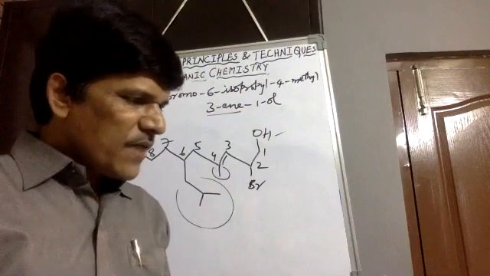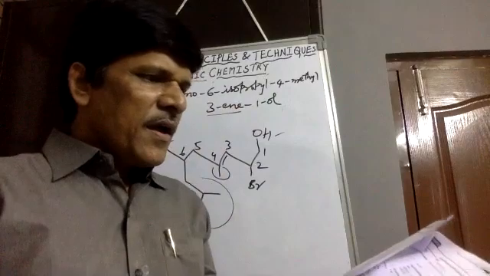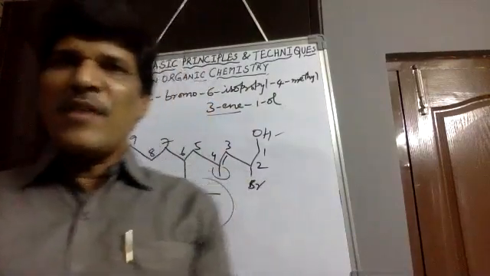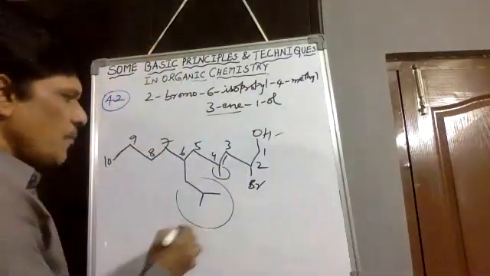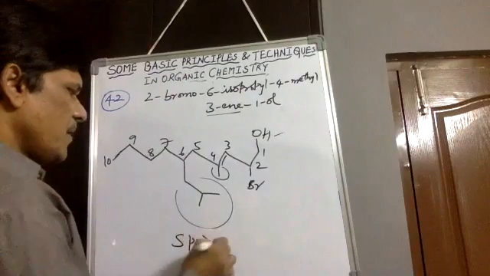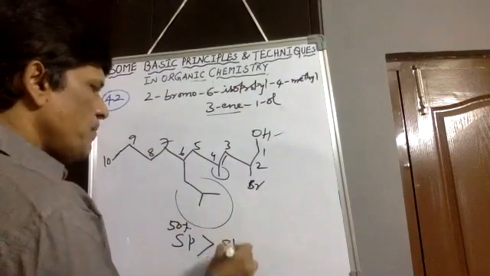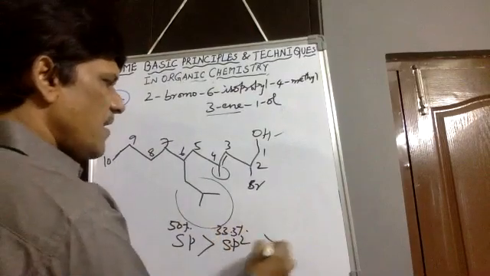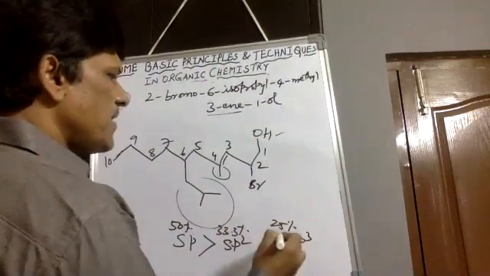Then, next, 45: the decreasing order of electronegativity of hybrid orbitals. Electronegativity of carbon depends on the S character in the hybrid orbital. Suppose it is sp hybridization, 50% S character is there. If it is sp2 hybridization, 33.3% S character is there. If it is sp3 hybridization, only 25% S character exists.